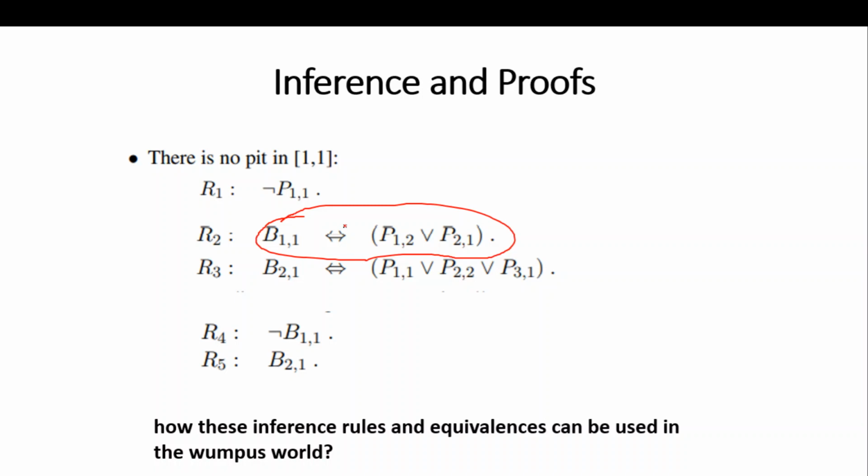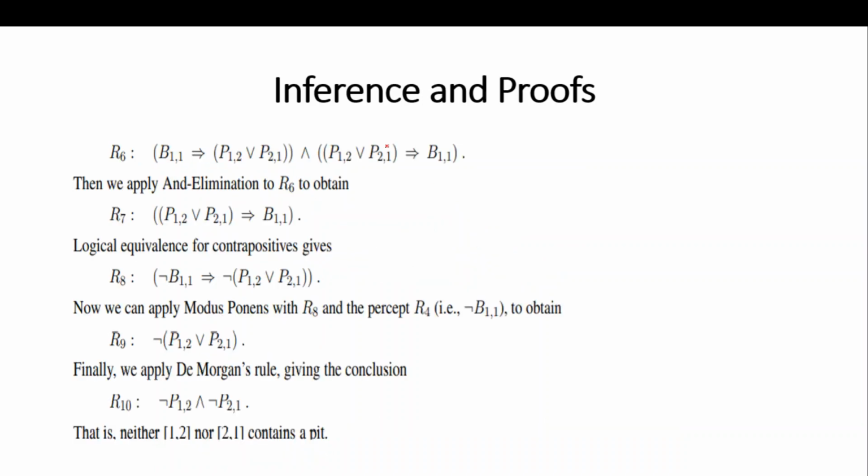When you eliminate the bidirectional symbol, you get B1,1 implies P1,2 or P2,1, and P1,2 or P2,1 implies B1,1, right? So by bidirectional elimination we have eliminated the bidirectional symbol.